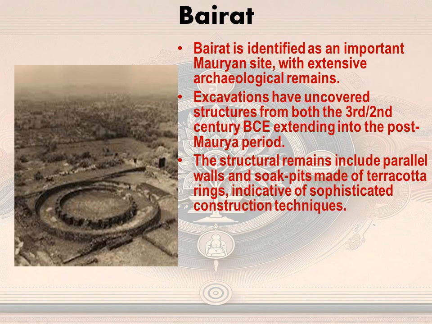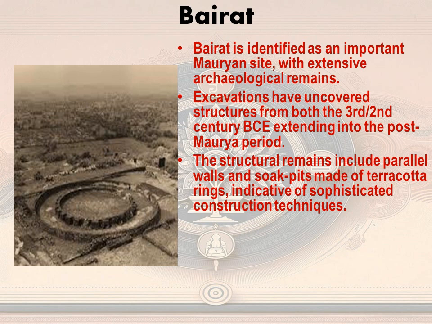The structural remains included parallel walls and soak pits made of terracotta rings, indicative of sophisticated construction techniques. So we get evidence of soak pits and also parallel walls, which indicate that a proper amount of attention was paid towards sanitation.